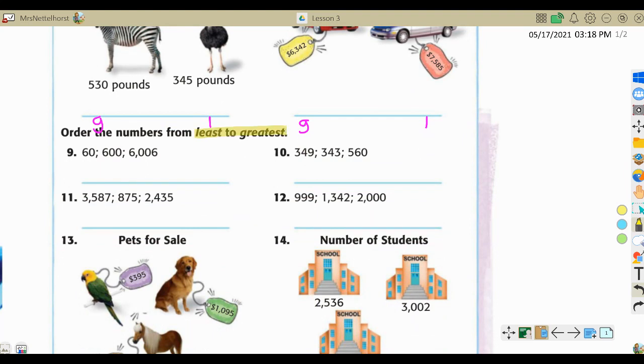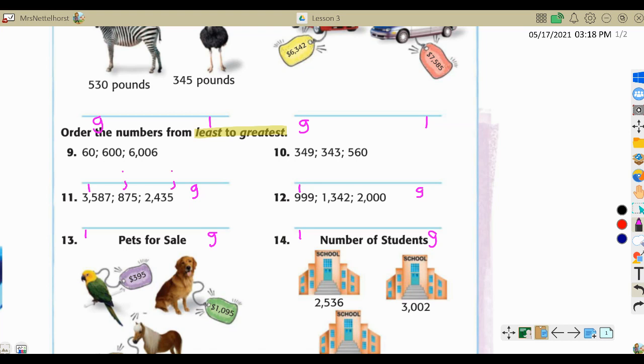Okay, so I'm going to use my pencil, and I'm going to put least, greatest, least, greatest, least, greatest, least, greatest. I'm going to make sure that I use my semicolons in between my numbers.